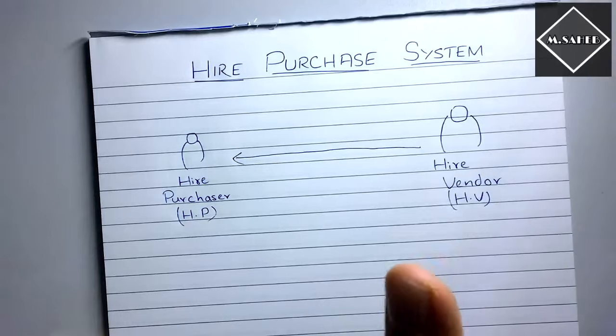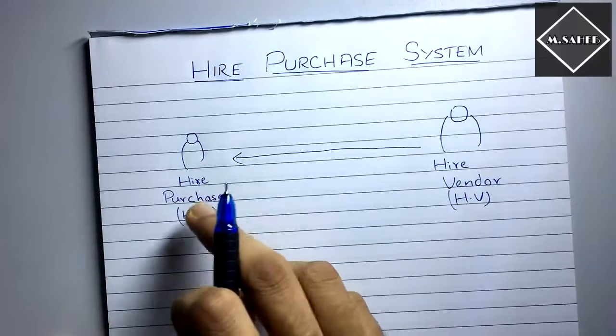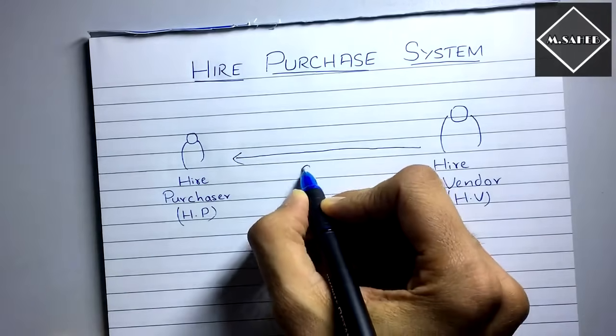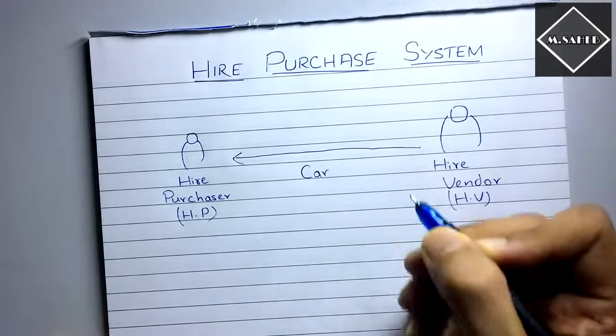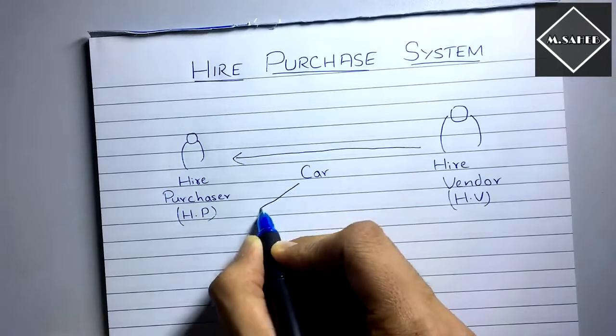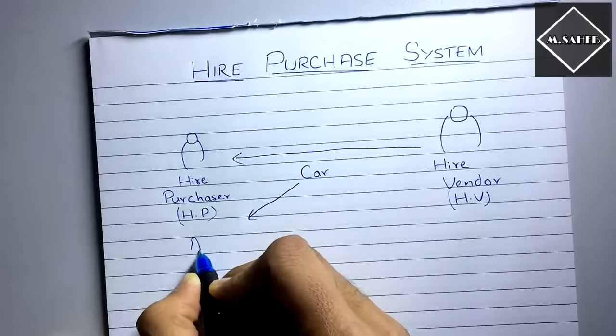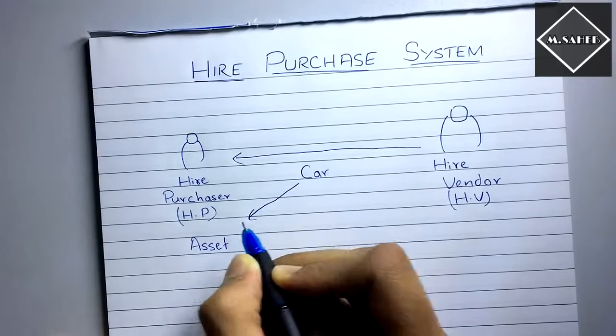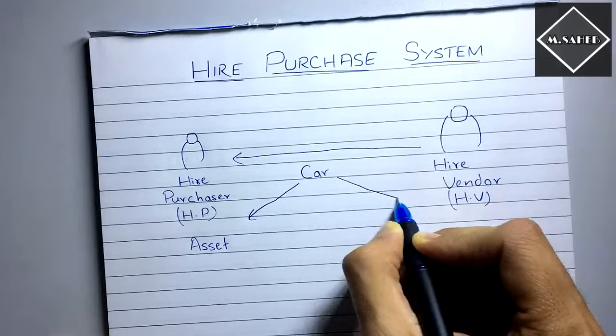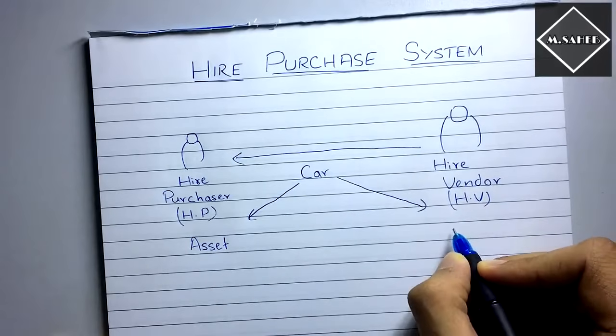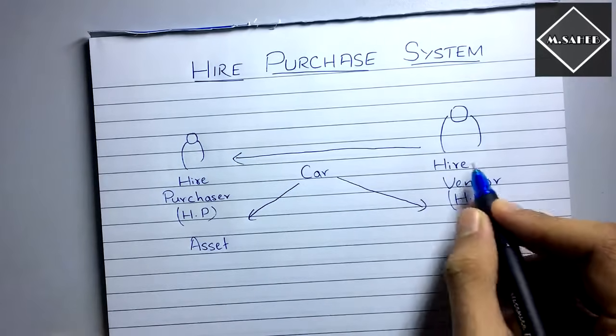Okay, now for an example, let's say this person is buying a car. Now this car is an asset for the hire purchaser, but the same car is a good or an item of stock for the hire vendor.